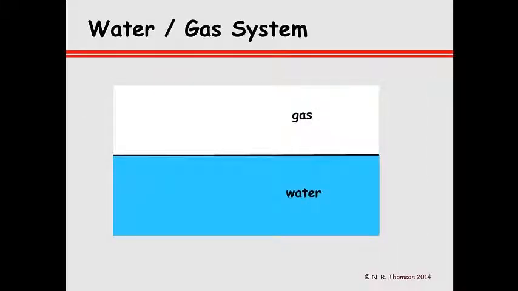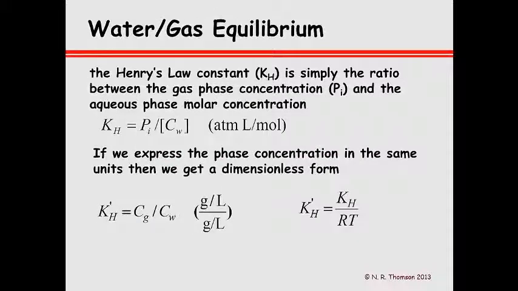So let's begin with the mass transfer between an infinitely sized water phase and an infinitely sized gas phase. The mass transfer across the gas phase, water phase interface is controlled by Henry's law, that is the water-gas equilibrium, and it is simply the ratio between the gas phase concentration and the aqueous phase concentration.